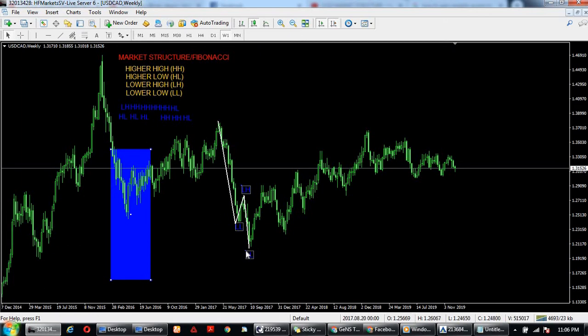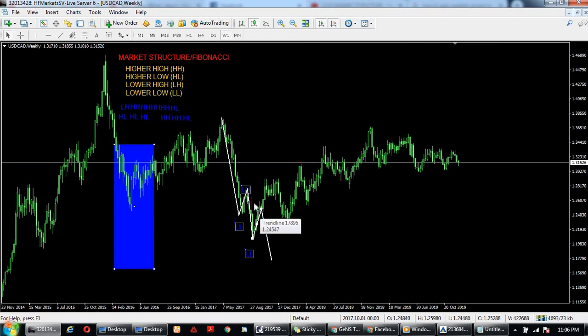So price here made a new low that is lower than the previous low. Yeah, so after this impulsive move to make the new lower low, we would have been expecting a pullback, a corrective move, and then for price to head much further to the downside.